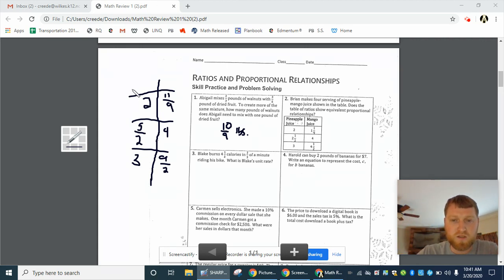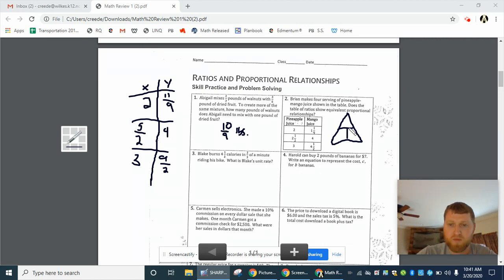Okay. So imagine that the pineapple juice is X and the mango juice is Y. So we have created an XY table with the following amounts. I don't know if you guys remember, but we did a YKX triangle to determine the constant of proportionality. This is very similar to what you did last year with percent triangles, but we're not doing percents.